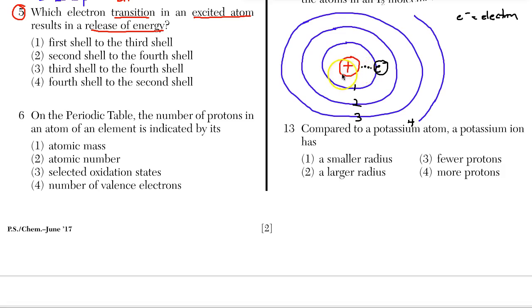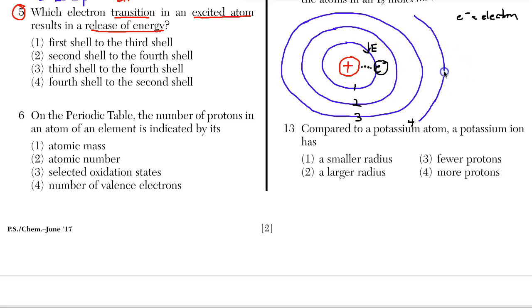There's a high coulombic attraction, if you want to sound fancy. The electrostatic attraction between this negative and these positives is very, very strong. So the electron, because it's close to the nucleus, feels the nucleus more, and we say that this shell has lower energy. Lower E, energy. Don't confuse that for electron. It doesn't have an ability to do much because it's so close to the positive nucleus.